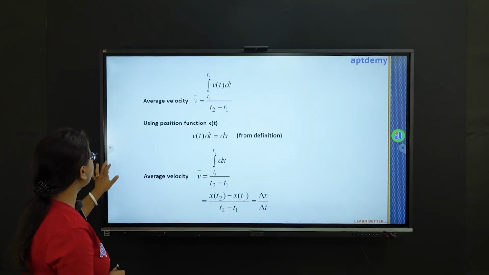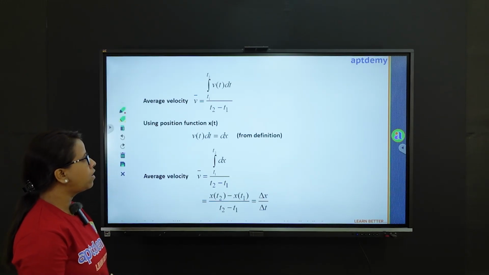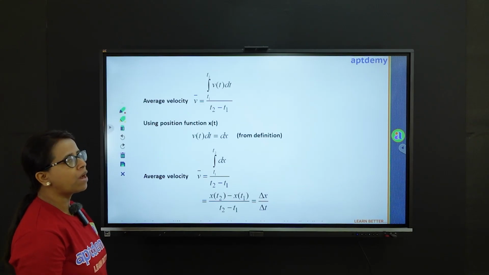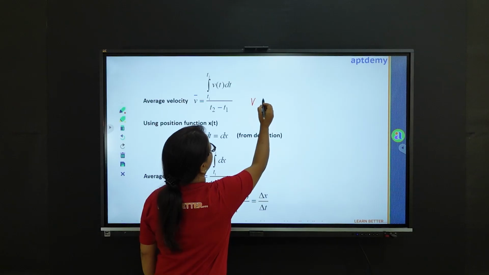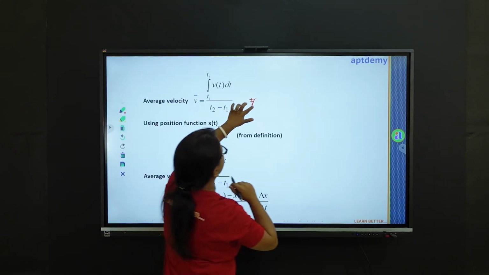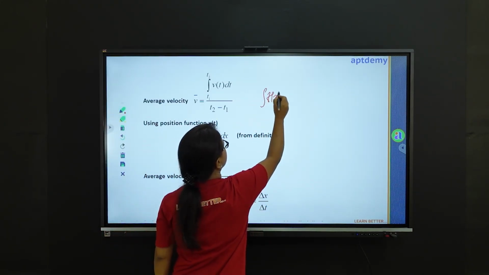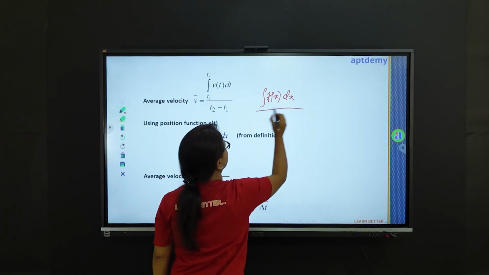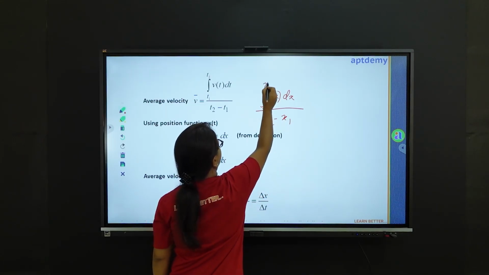Here we have the formula for the average velocity. Average velocity v bar is equal to the integration of v(t) dt from t1 to t2 over t2 minus t1. Recall for a function f of x, we write the integration of f of x dx from x1 to x2 over x2 minus x1.